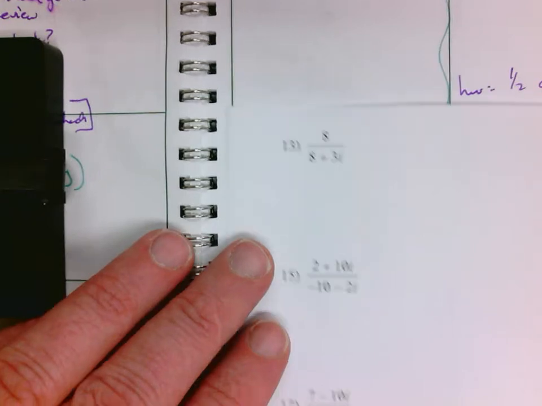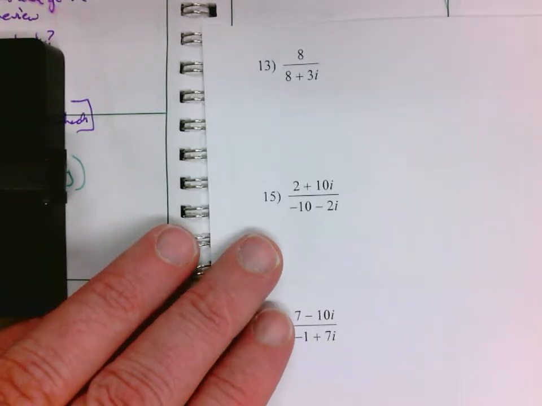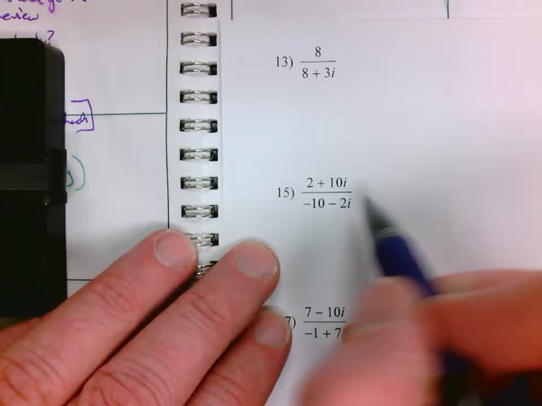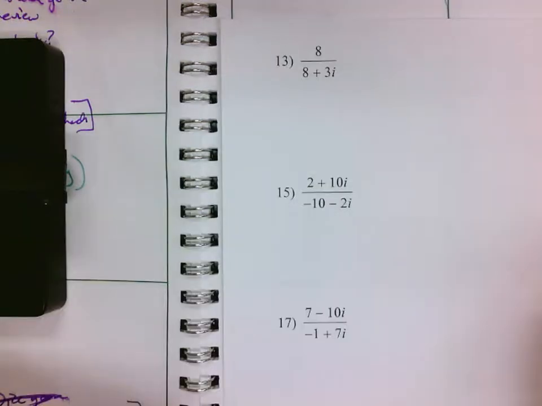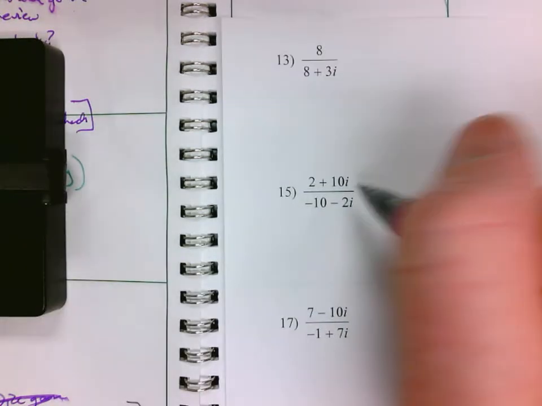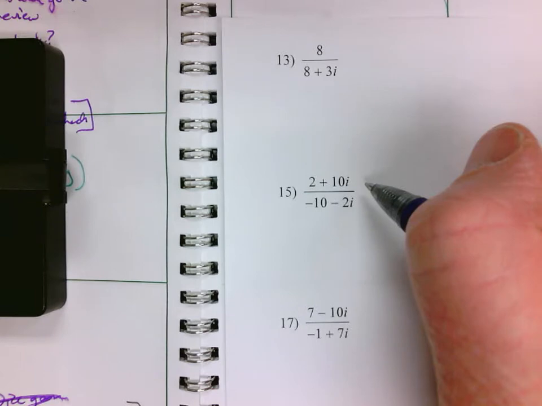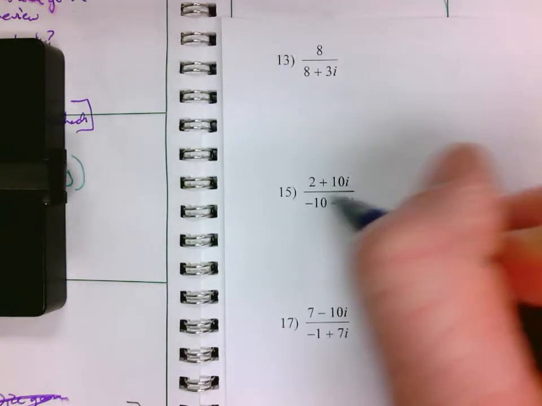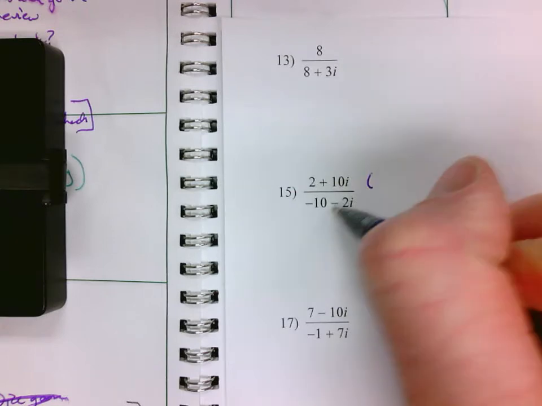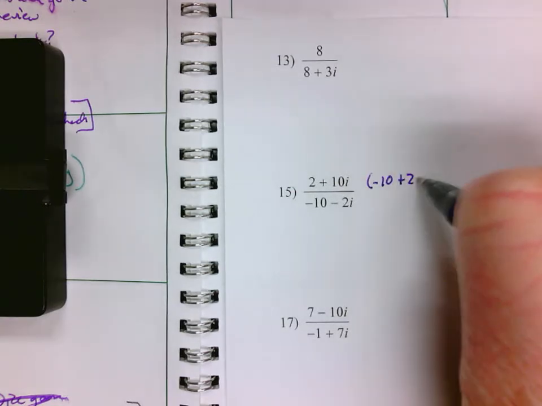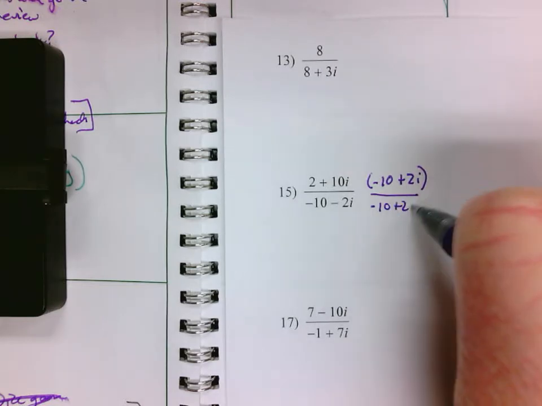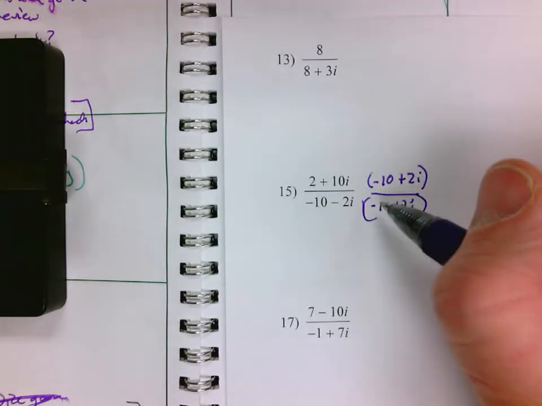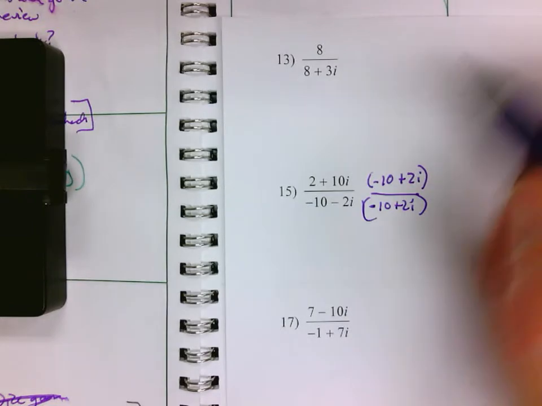Now, nothing different here, just sometimes if you see both binomials, you get confused. Some people want to multiply by 2 minus 10i. We're looking at the denominator, so we're going to multiply by -10 plus 2i over negative 10 plus 2i. The only difference of this problem is that you're now squaring the binomial, or you're multiplying by two binomials, which just means be careful.